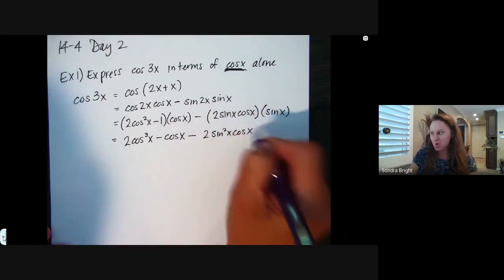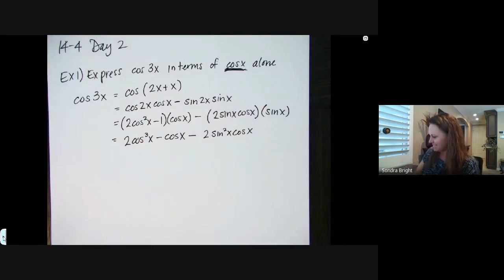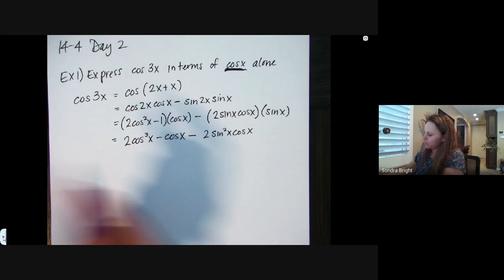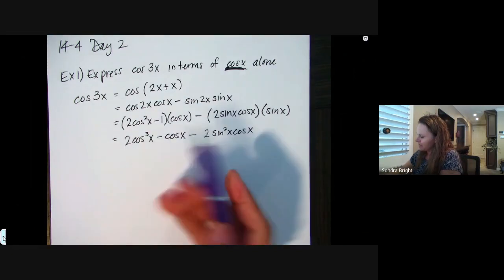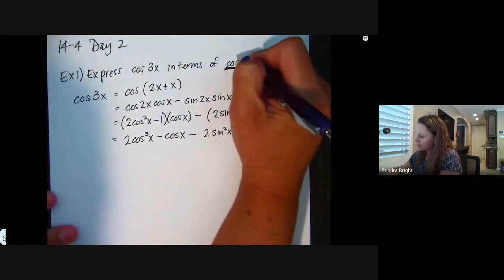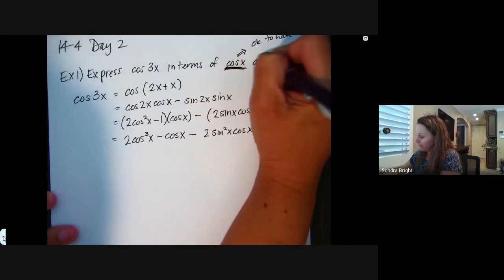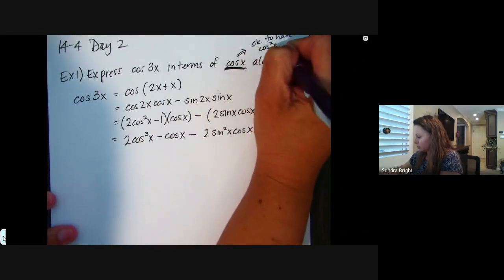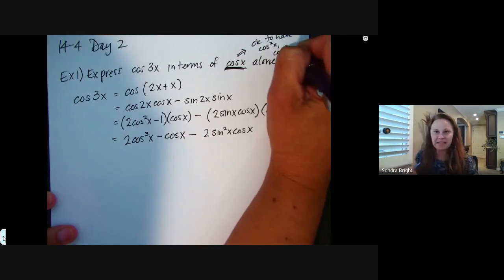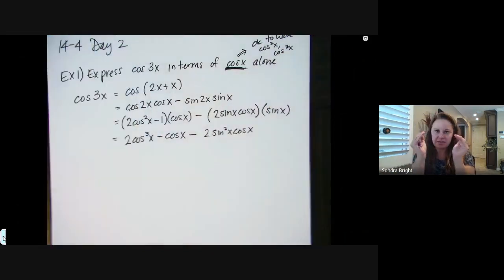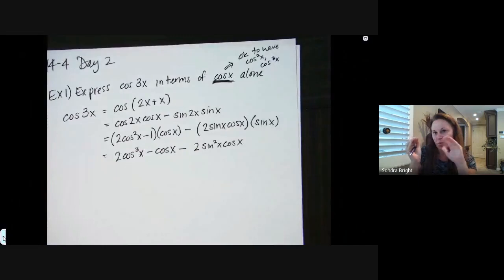Okay, we are so close, right? Because this one, I know that it's a cubed, so when it says cosine alone, then it's okay to have cosine squared and cosine cubed, because in reality, it's cosine of x quantity squared and cosine of x quantity cubed.